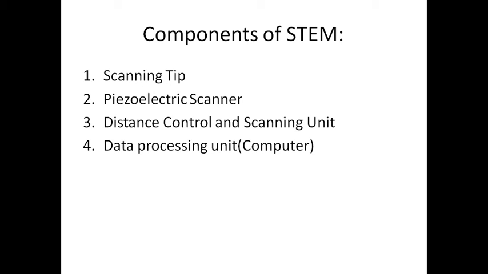First we see here the scanning tip. What is a scanning tip? In scanning tunneling microscopy, tips are usually made from tungsten metal or a platinum alloy, where at the very end of the tip, which is called the apex, there is one atom of the material.